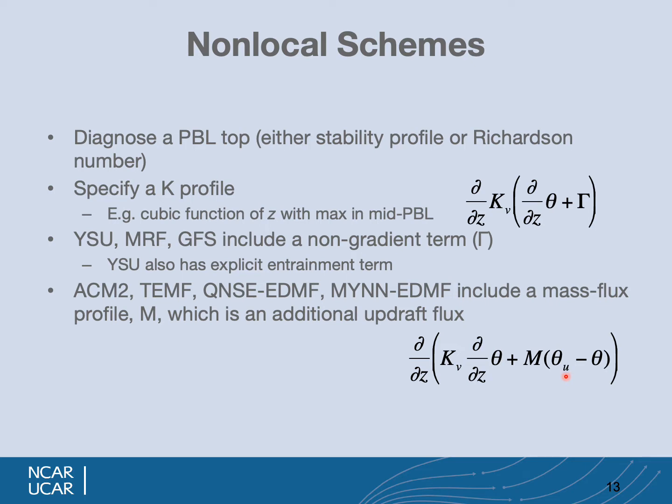Some of these schemes are also TKE schemes for the local K. So they're like a hybrid of a TKE scheme and a non-local scheme with what we call eddy diffusivity mass flux. So the eddy diffusivity part is this, and the mass flux part is this, where the eddy diffusivity can be done by a TKE method. And these are the examples in WRF of some of these schemes, which include a few TKE options here.